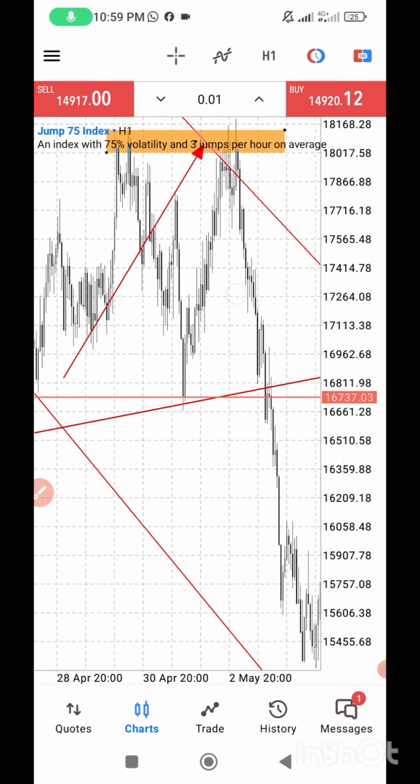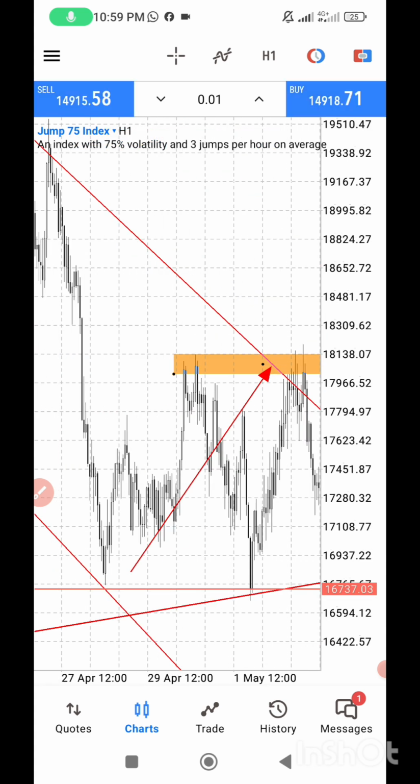So right here, you see, as price is approaching here, this is where this session, this region is where there are probabilities of generating P0.